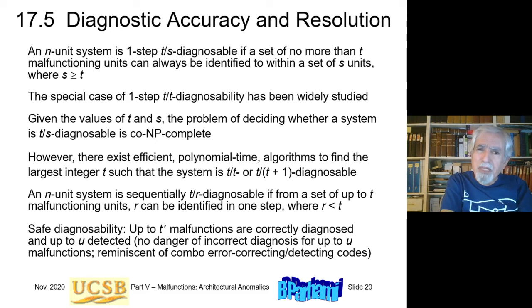We can sometimes guarantee two-diagnosability if we allow three modules to be removed. So in this case, one of the modules that is removed is a good module. So it's sort of viewed as wasteful that we remove three modules in order to guarantee two-diagnosability.